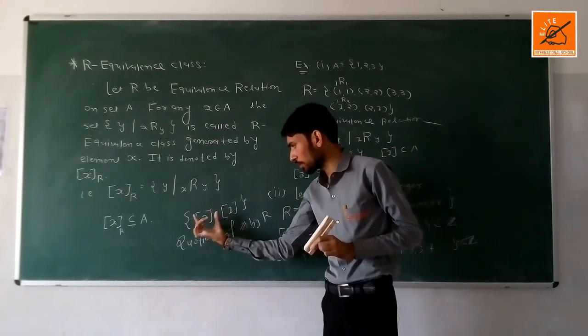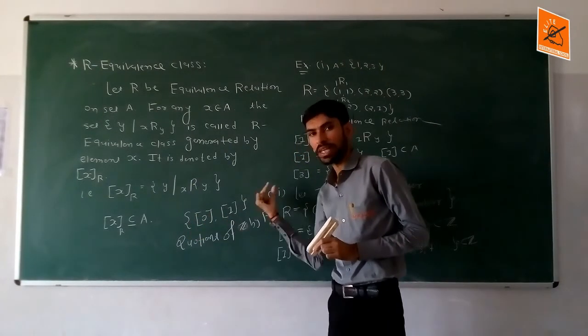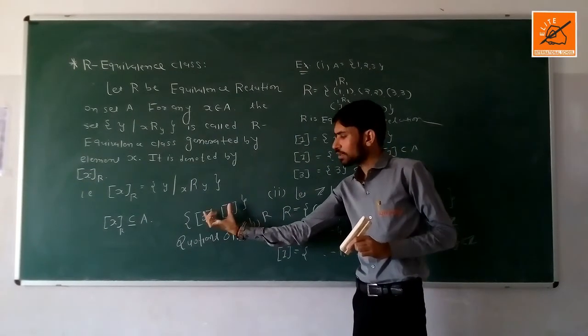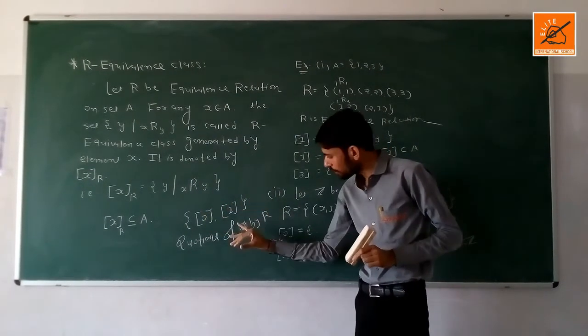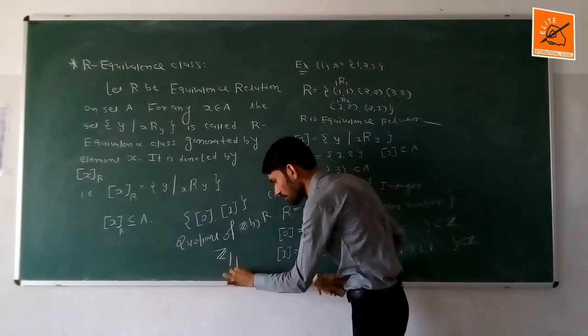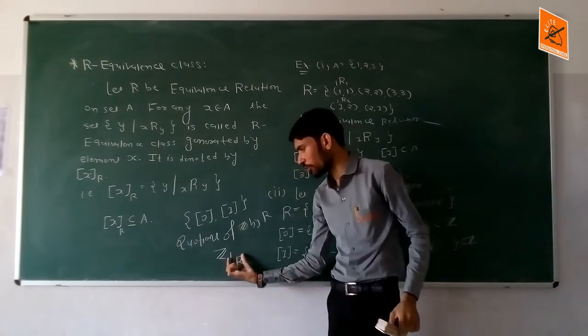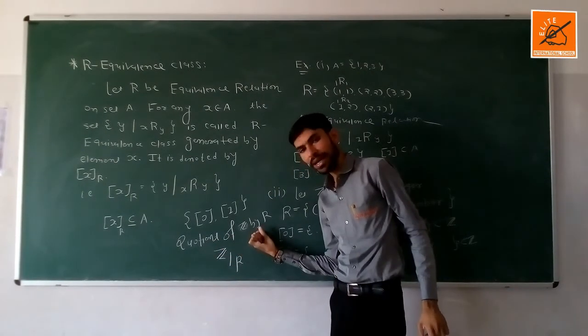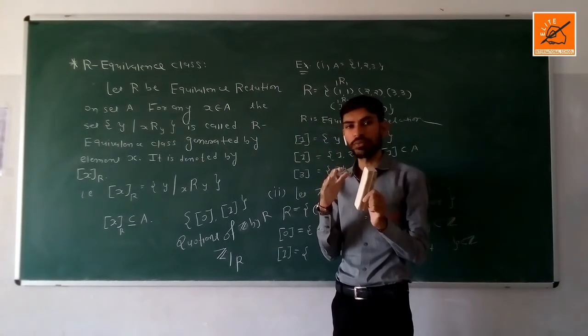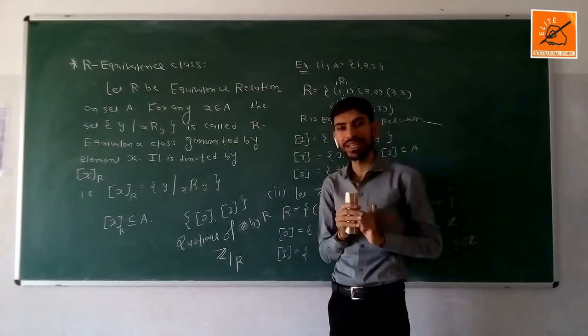If we make the set with equivalence classes 0 and 1, this set is called the quotient of Z by R. It is denoted by the notation Z by R. This is the notation to denote the quotient of Z by R, which is nothing but the set of all equivalence classes.